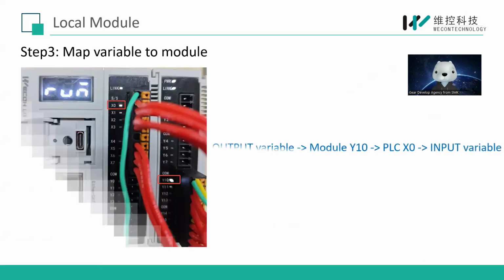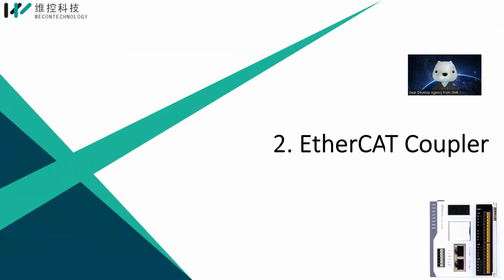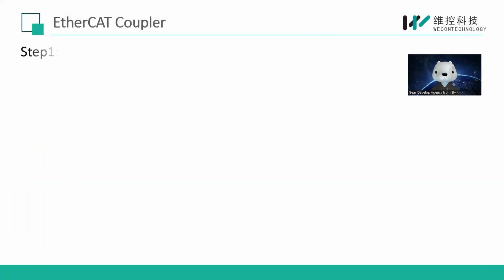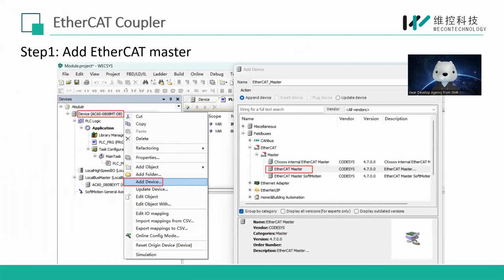And also, for the EtherCAT coupler, we have an EtherCAT coupler device. Through this coupler, we can realize, for example, remote I/O access.